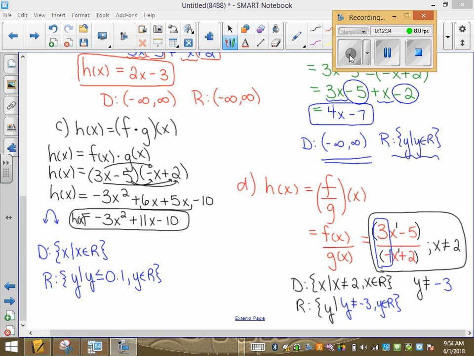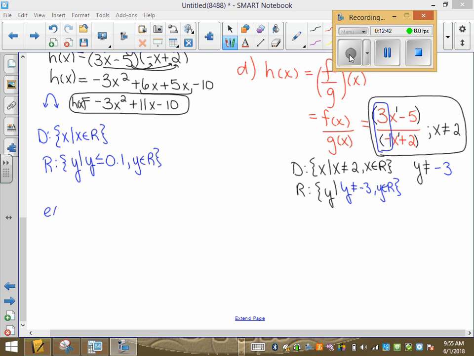So linear ones aren't too bad. Let's go and do some that are a little harder. Example 2. f of x equals, and this is why we learn radicals and rationals ahead of this unit, because we're going to have questions with radicals in it and questions with rationals.